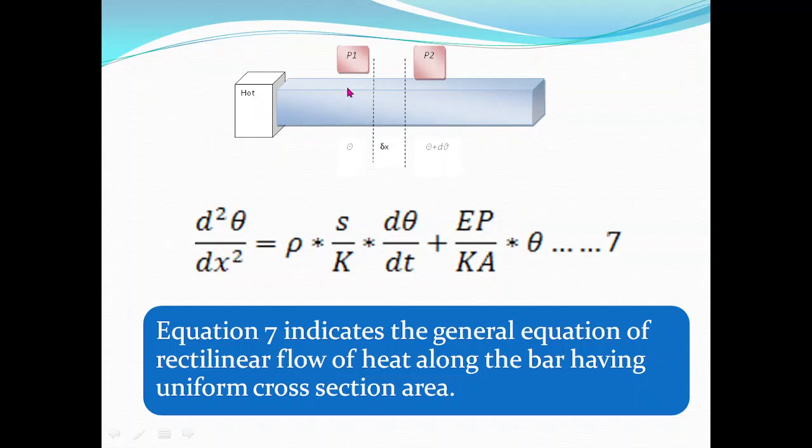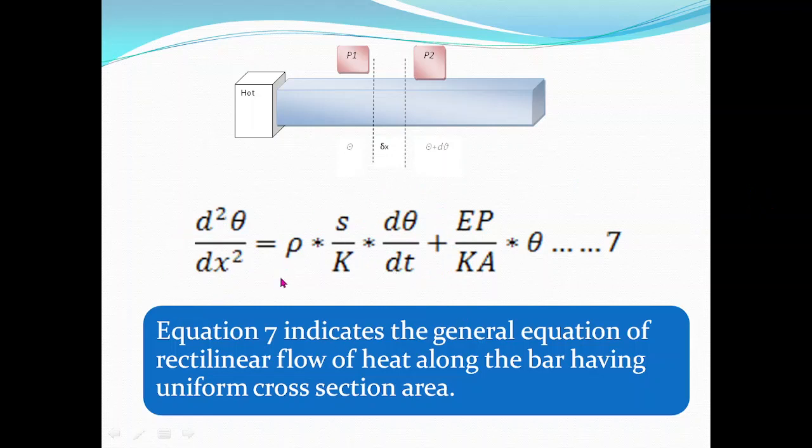We have considered these two planes P1 and P2, and by considering these two planes we have obtained the equation of heat conduction from one end to another end, which is controlled by this relation: d2 theta by dx square equals rho into s upon k into d theta by dt plus ep upon ka into theta, where all these quantities have their usual meanings.